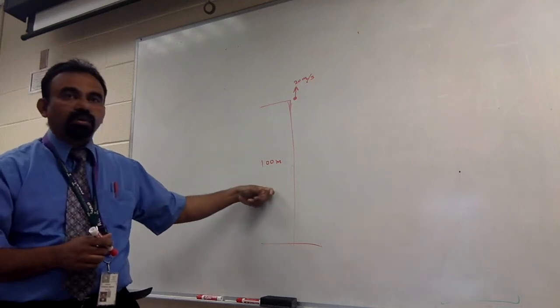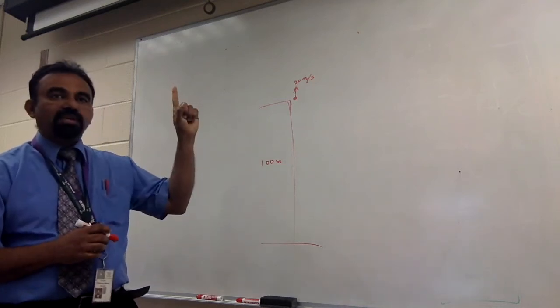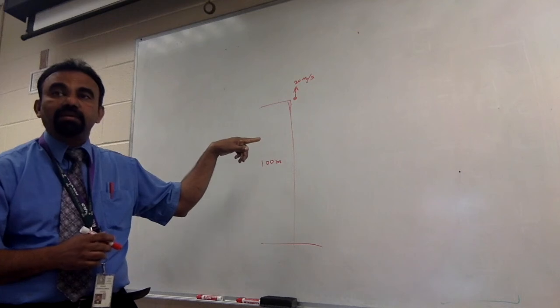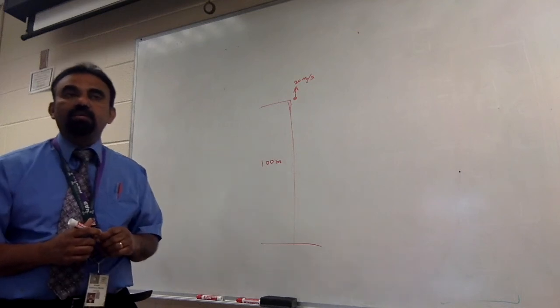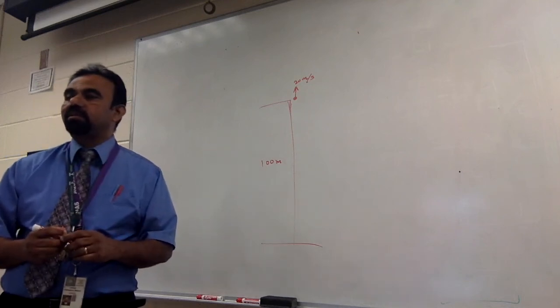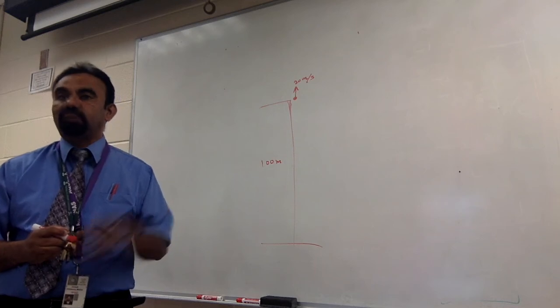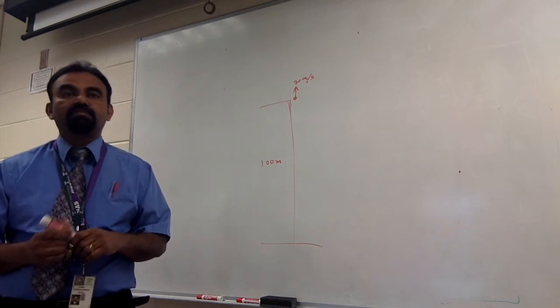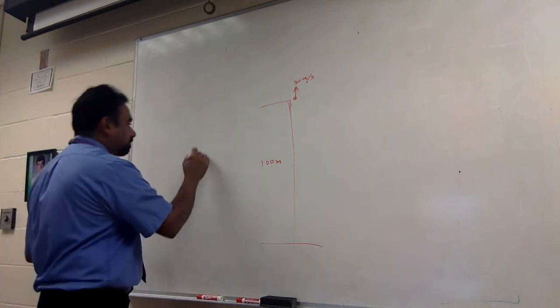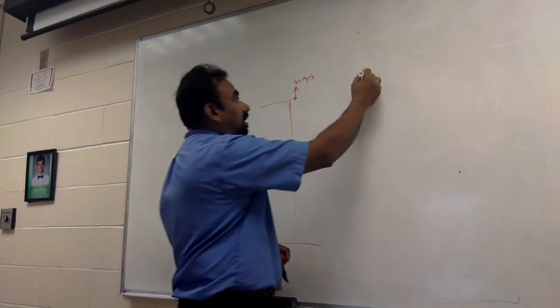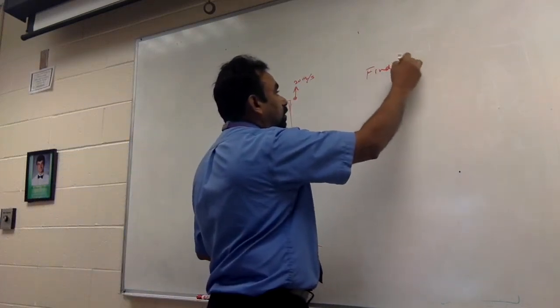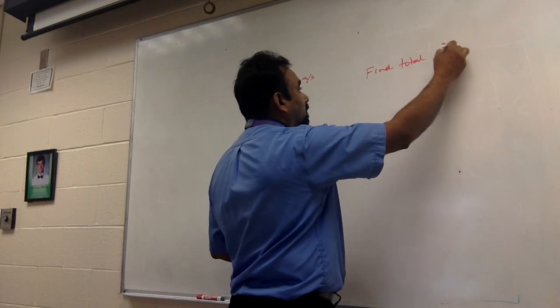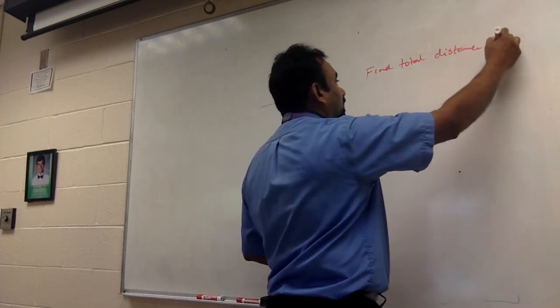Now this one: you're throwing something at 20 meters per second from the same building. The question is, what's the total distance traveled by the object? You're throwing it up. Find the total distance traveled.